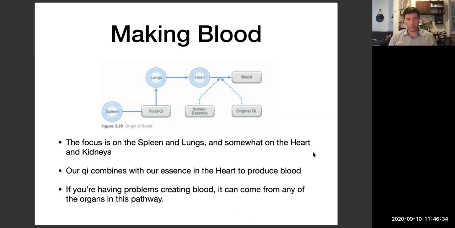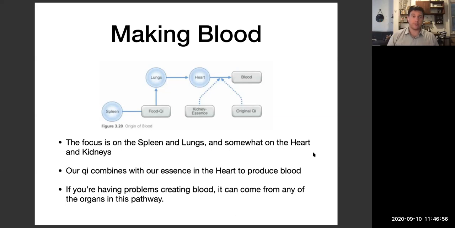That doesn't matter for the making of blood within Chinese medicine. The spleen raises the qi up to the lungs, sends the qi to the heart, combines with the original qi, the yin qi, and a little bit of jing, often called a spark coming up from the kidneys, almost like a catalyst within the person's system. And that's how we produce blood.